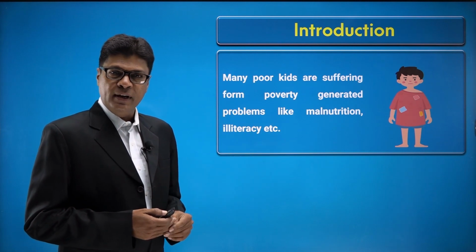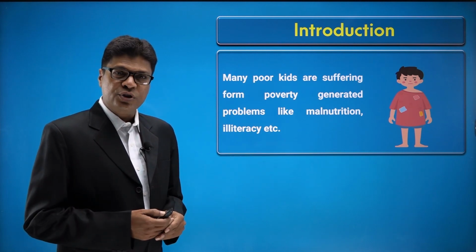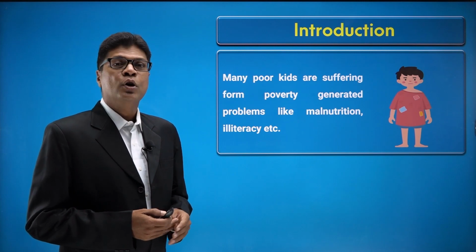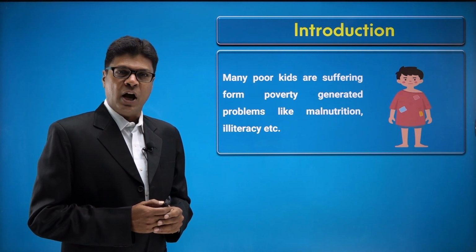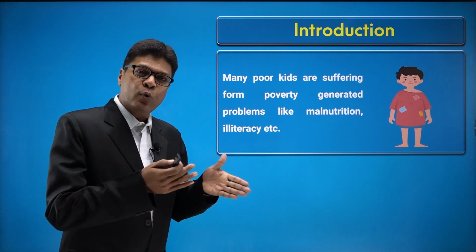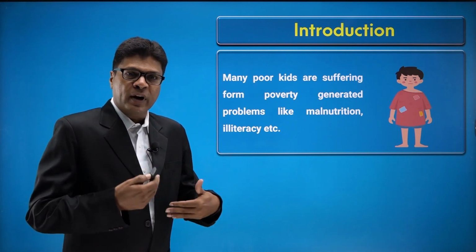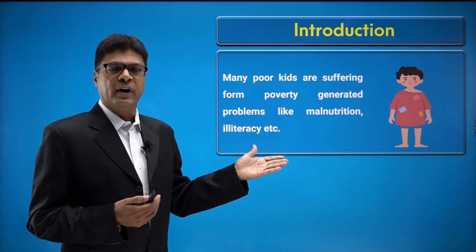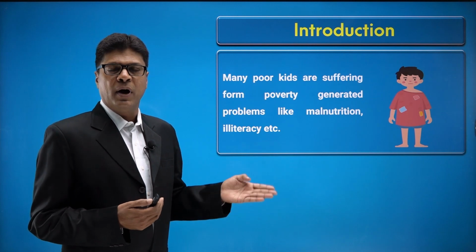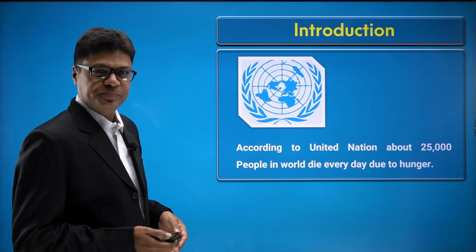Illiteracy you must be knowing, unpadh. And what is malnutrition? Kuposhan ka shikar hain. They are not able to get proper protein, vitamins, carbohydrates in their diet, which are required for the growth and development of their body and for a sound mind, which is a must. So because of this poverty, many kids are suffering from malnutrition and illiteracy.